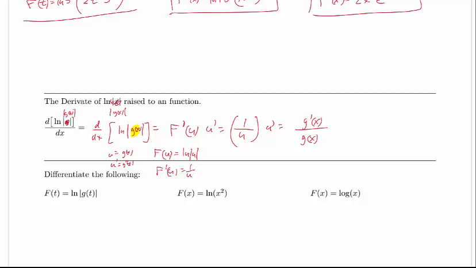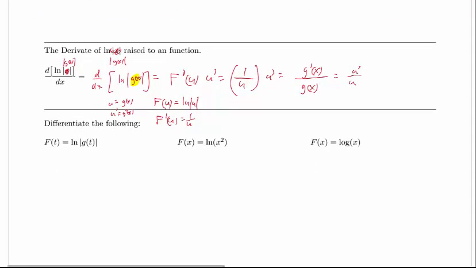And that's it. You can also write this as u prime over u if that is an easier way for you to remember. All right, so let's go ahead and differentiate the following. We have the natural log of g of t. Also, as a reminder, this is going to be g prime of t divided by g of t.